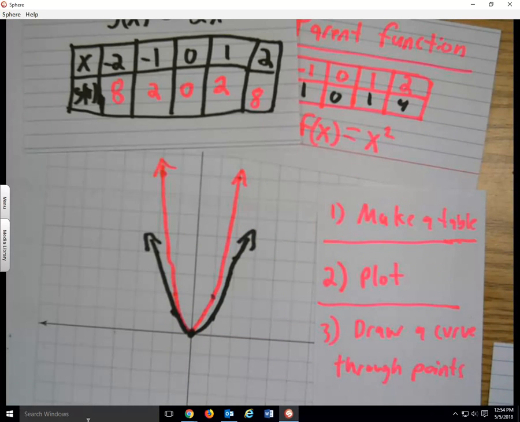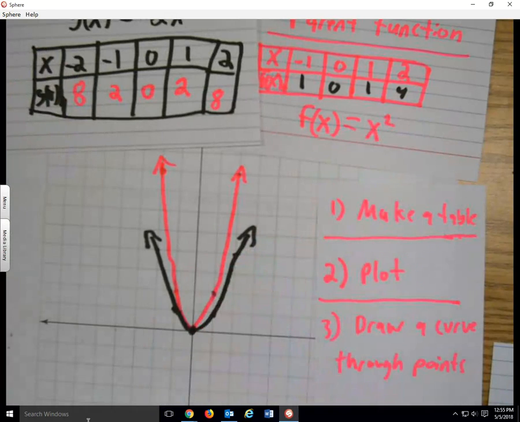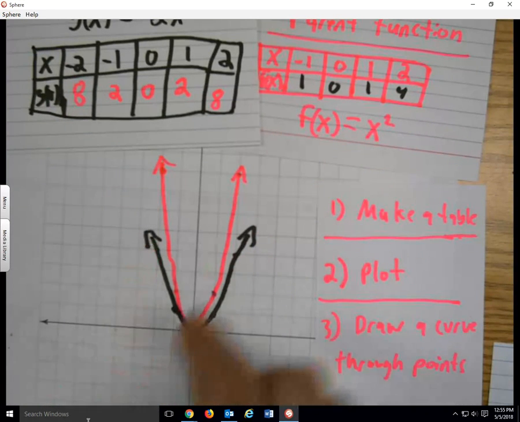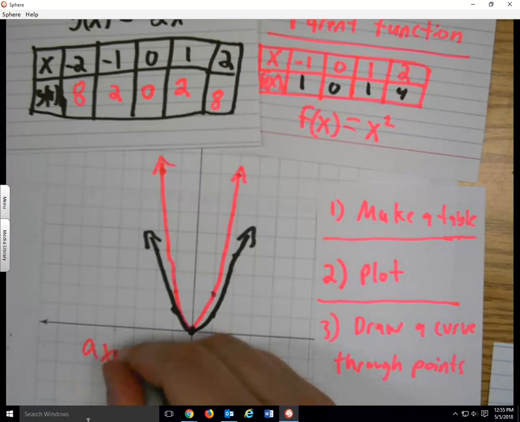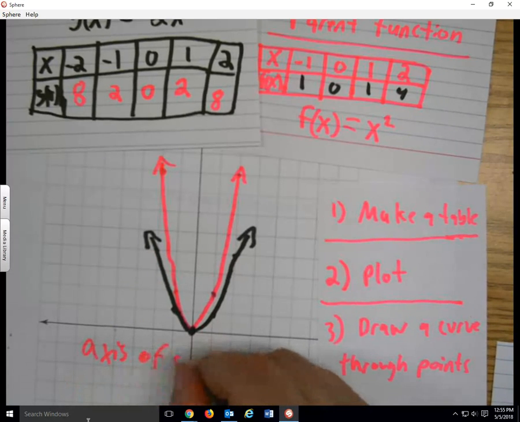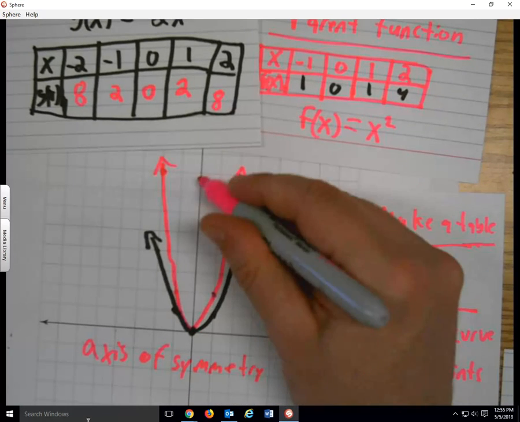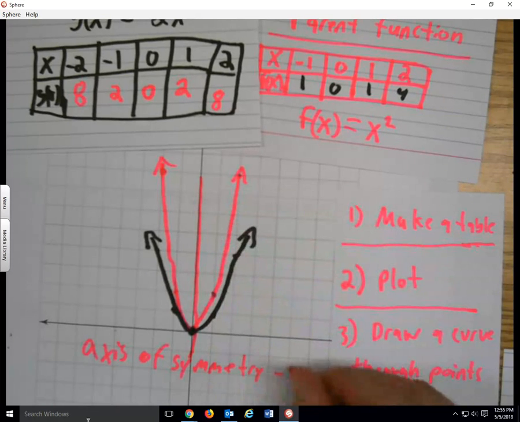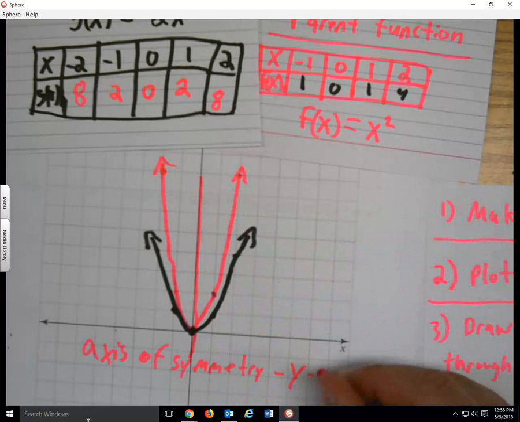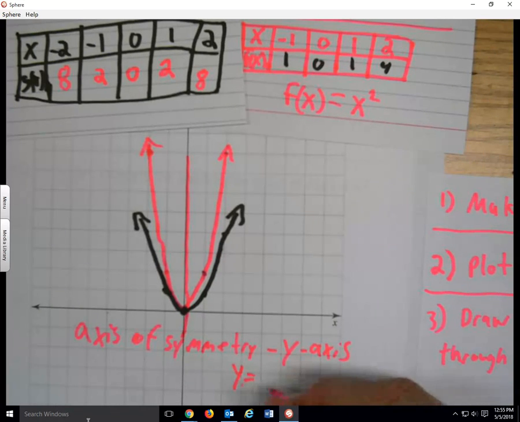Okay, so then it said compare these two. That's not too hard to do. Let's compare them. How does the pink one compare with the parent function? Well, it looks like they have the same axis of symmetry. If you were to divide this down the middle, it would still be the y-axis. Or another way to say it is that x equals 0.